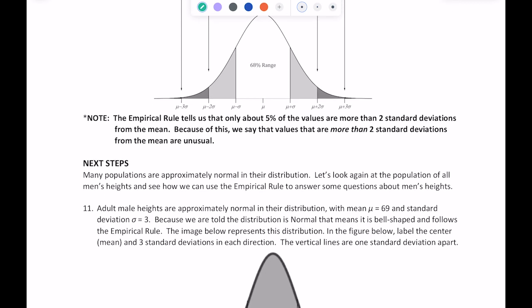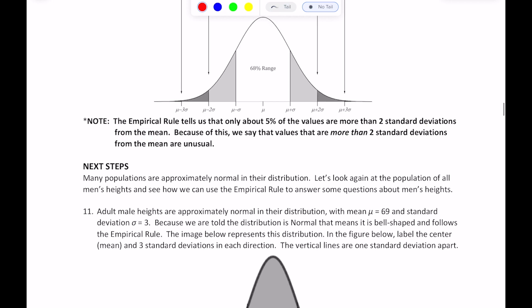Something else that's important, as I was saying, the further out you go on the curve, the smaller the area gets. The empirical rule tells us that only about 5% of the values are more than 2 standard deviations from the mean. In other words, if this area represents 95% of the values, we know that the curve is 100%. So if I do 100% minus 95%, I'm left with 5%.